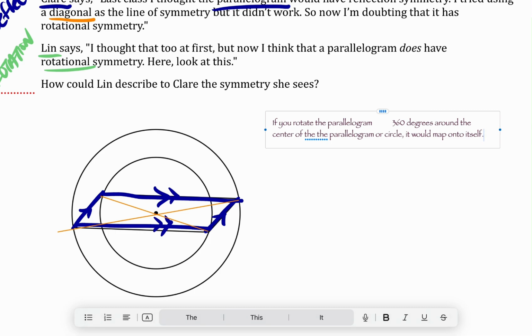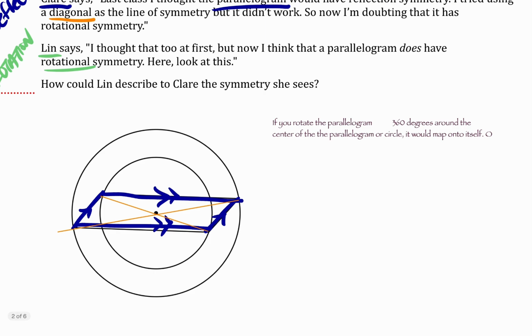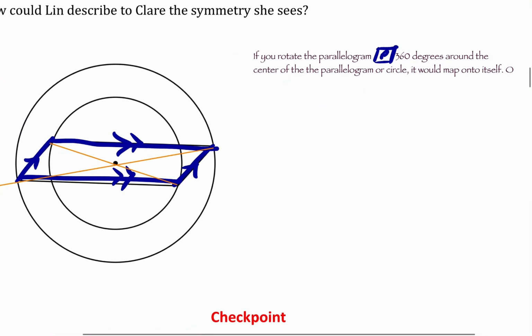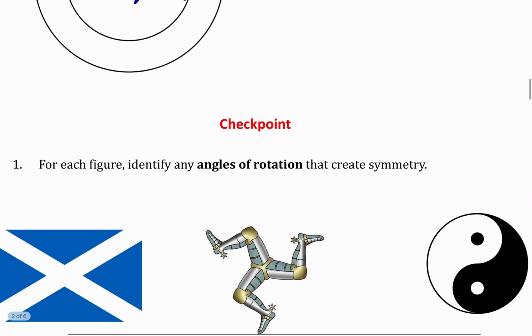So take tracing paper, trace the center of rotation, this dot here, and the blue parallelogram, and spin it 360 degrees, and it would look exactly like itself. Don't forget, if you don't feel like writing out parallelogram, you could use this symbol shorthand. If you have a different answer, jot it down, test it out with the tracing paper, and let's move on.